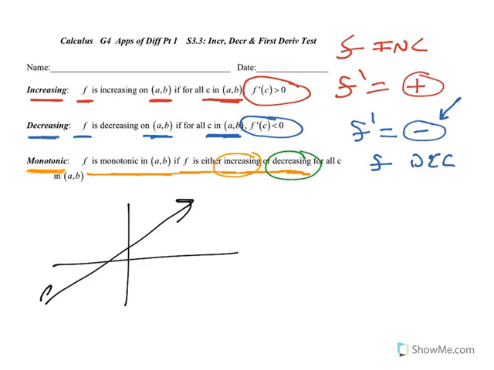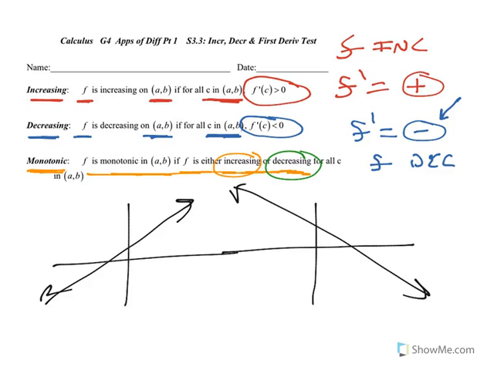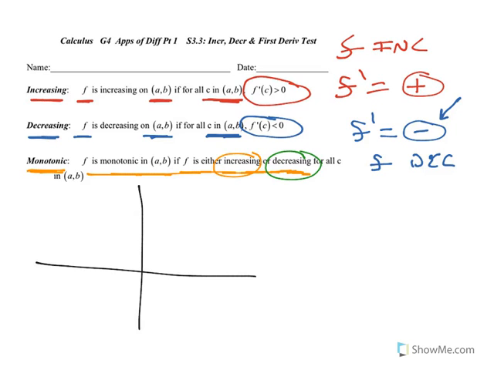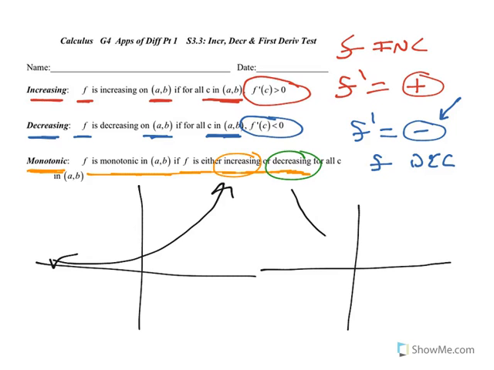That is always going up, or a linear function could be always going down. Another example could be exponential growth or exponential decay. An exponential growth curve is always going up, or an exponential function is always going down if it's decay. So that would be an example of monotonic.